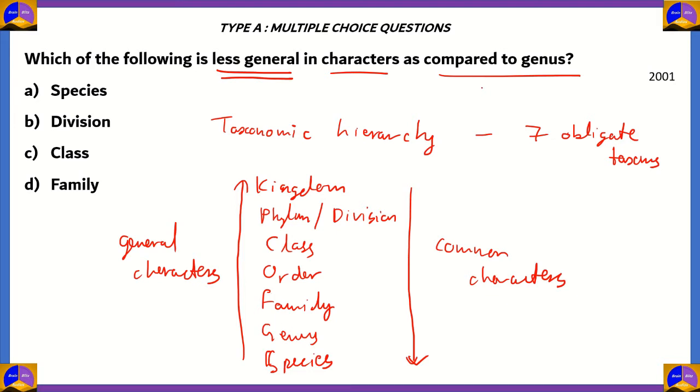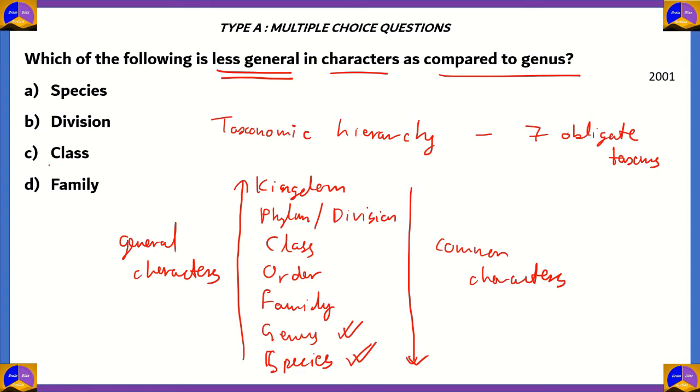Now, here the question is asking us which of the following has less general characters compared to genus. So if we look at genus in the taxonomic hierarchy, genus is the second smallest taxon. So therefore, the only taxon which has characters less general than genus would be species, because species is the smallest.